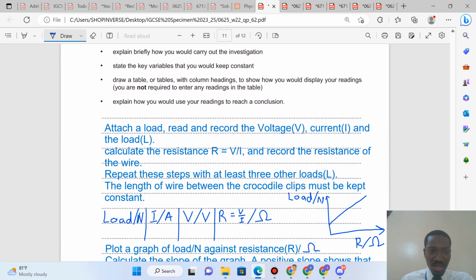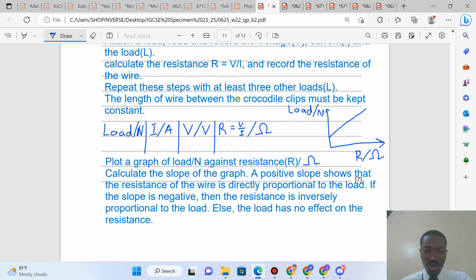What's next? The question says, draw a table, or tables, with column headings to show how you will display your readings. You are not required to enter values. So this is my table. What's the next thing? Explain how you use your readings to reach a conclusion.